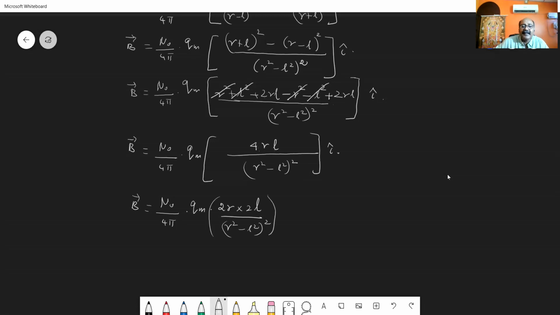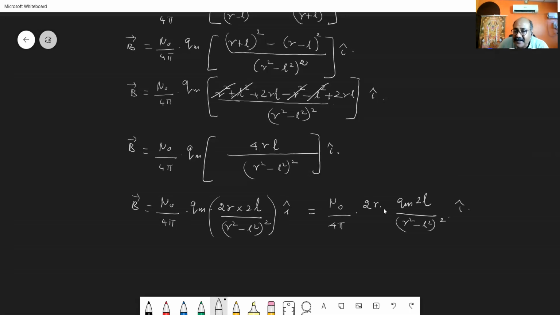Am I correct? Into I cap. How can I simplify this? Mu 0 divided by 4 pi into, I am taking this 2R outside, 2R into, I am multiplying this QM with the 2L. I am writing QM into 2L divided by R square minus L square, the whole square, into I cap.